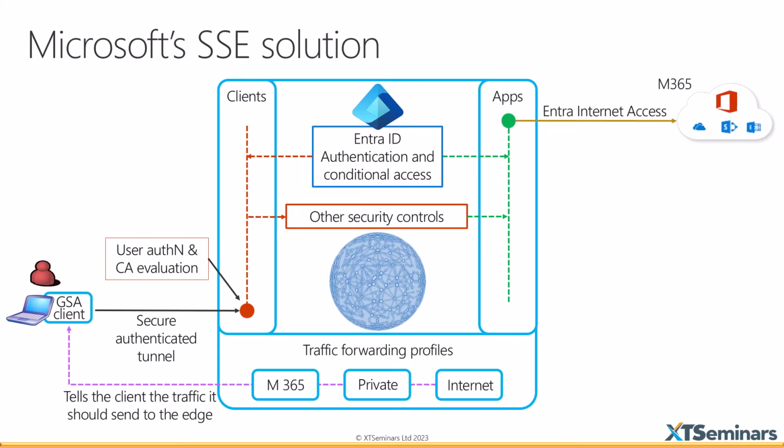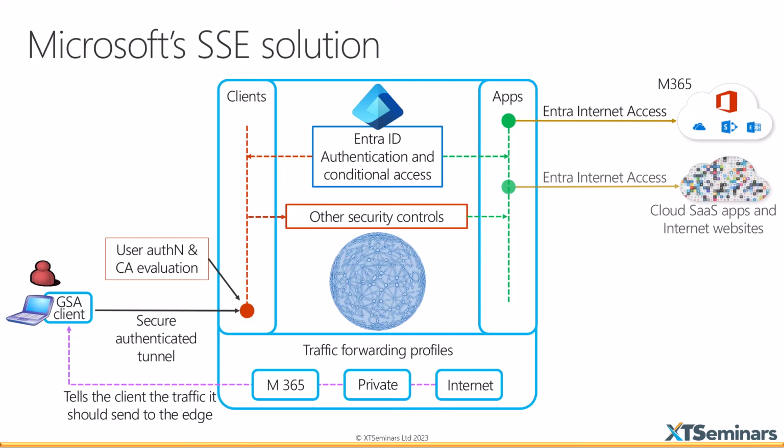So in terms of the Entra Internet Access, one of those components is M365. It's specially called out because M365 also has tenant restrictions associated with it. And again, I'll talk more about tenant restrictions shortly. We've got connections to SaaS apps and internet websites.